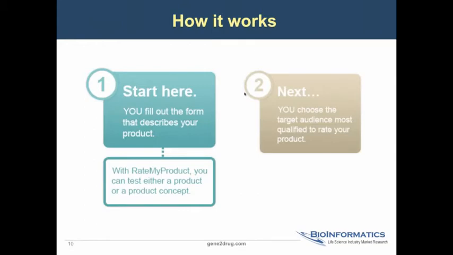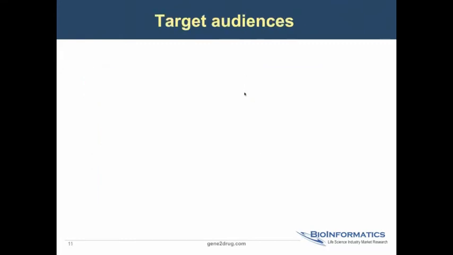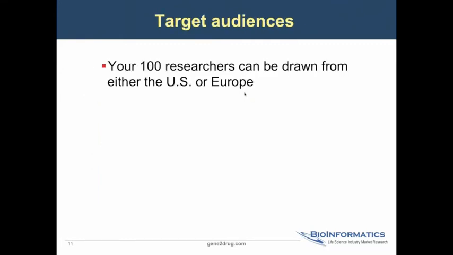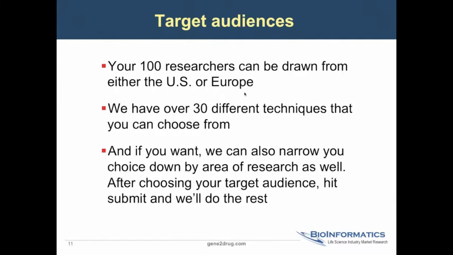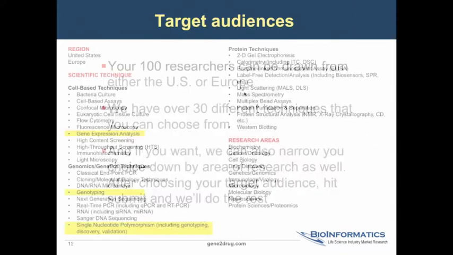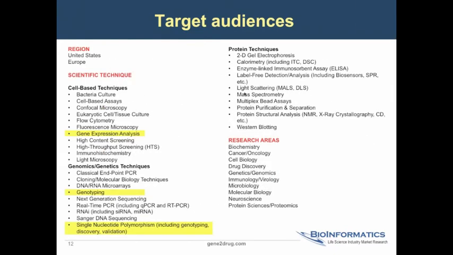When the form is complete, you'll then choose your target market. Your target audience can be segmented by region, US or Europe, by technique, we have 30 of them, or by area of research. After you've filled out your form and chosen your target audience, you hit submit and we do the rest. Take a look at the techniques and areas of research you can choose from.